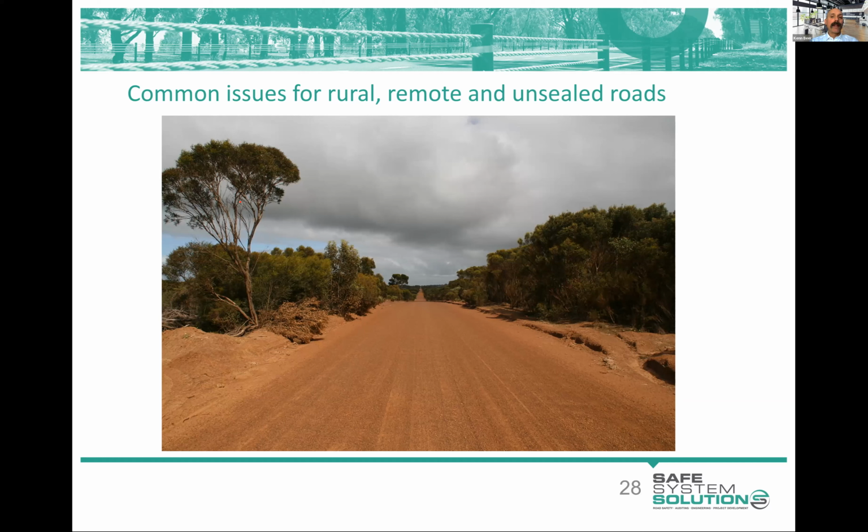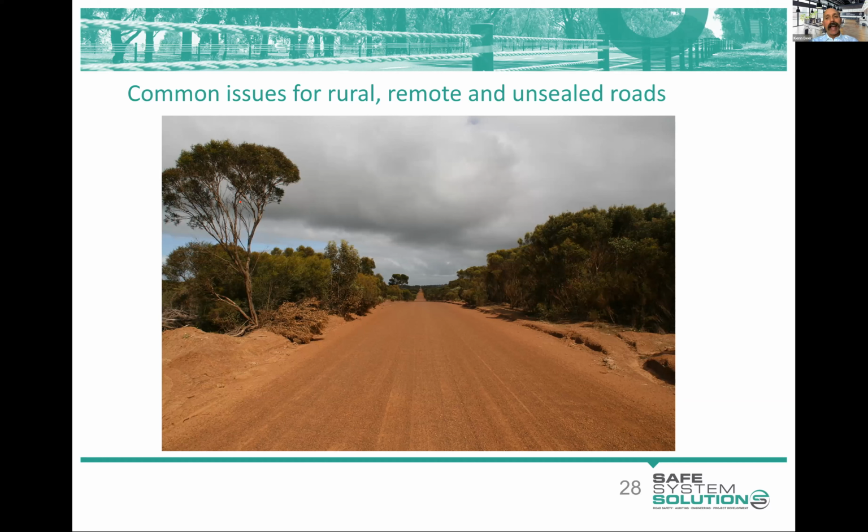The bulk of recommendations around these areas are associated with the signage and guideposts, warning signs, and the like, because you can't do pavement markings, of course.